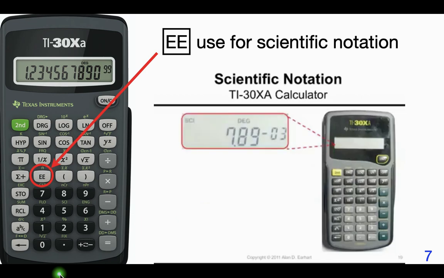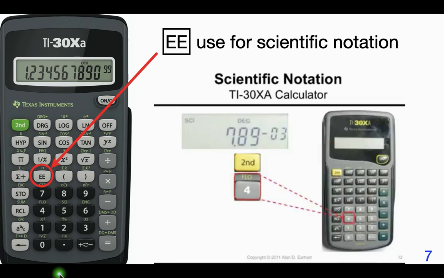Well, what if it's in scientific notation display and you want to put it back into floating notation? Press the second button again, and then above the 4 you have in yellow FLO. That means floating. Remember, that's the same as standard notation. So that means if you go second and then 4, you'll have all your numbers display in floating notation.